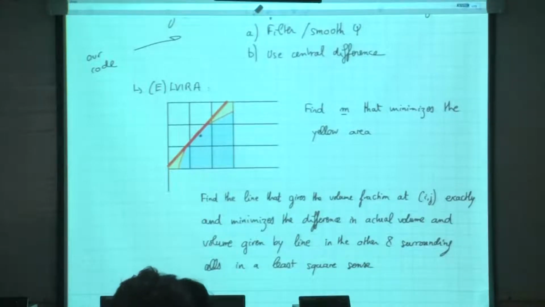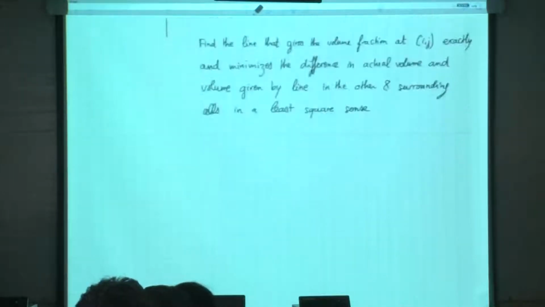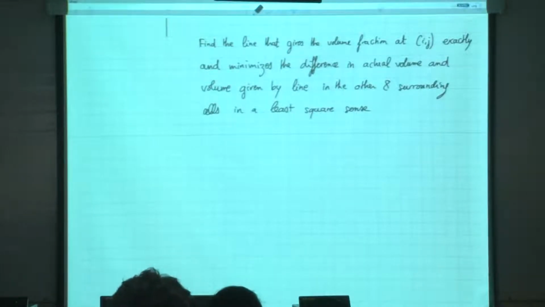So we have the normal, we have the reconstruction. Let's talk a bit about the advection. So I was talking about how we can simply move the face and that solves the entire problem. Let's actually do this.